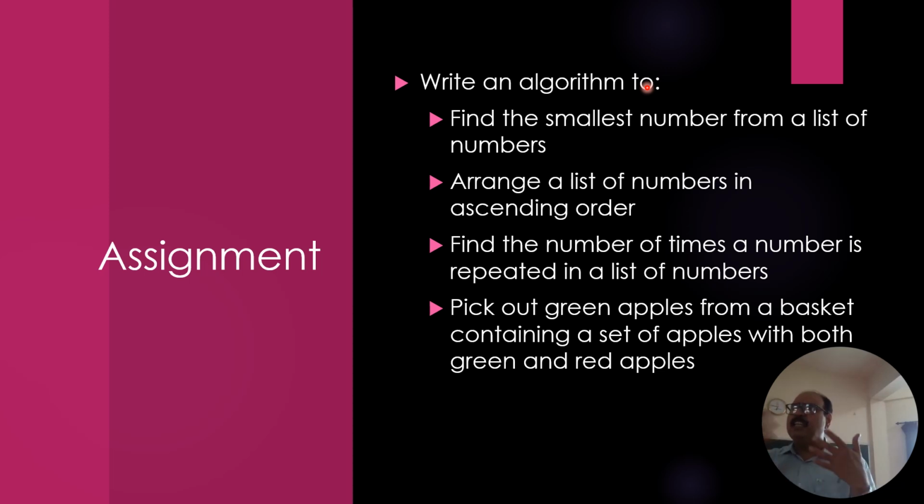There would be so many other examples. Even when you are booking rooms in Oyo rooms, or when you are searching in Amazon or Flipkart or wherever, you can order according to prices, the lowest, the highest, and so on, right? So, arranging in ascending, descending orders.